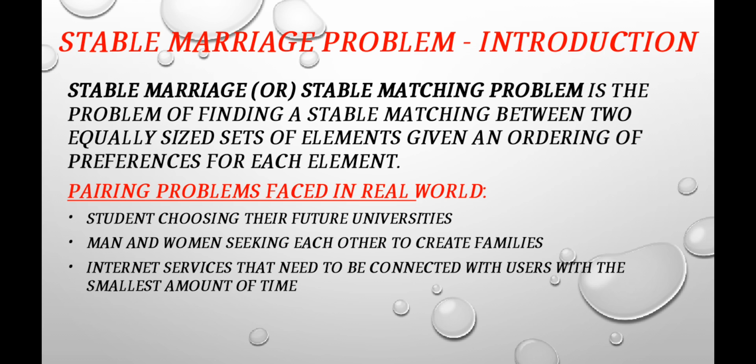The other scenario is men and women seeking each other to create families. Suppose a man wants to get married to a woman. This kind of pairing can be done using stable matching. The third example is mapping the users who use internet services. So these are the three examples of stable matching in real world scenarios.